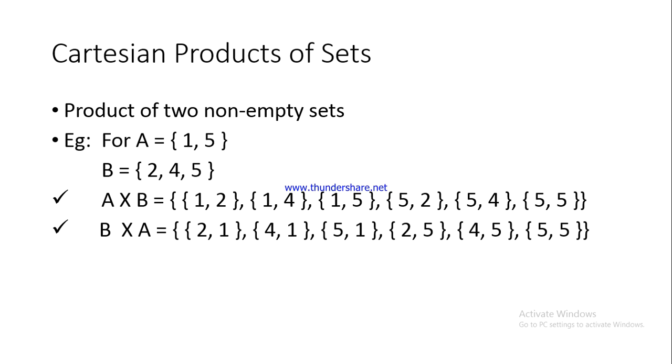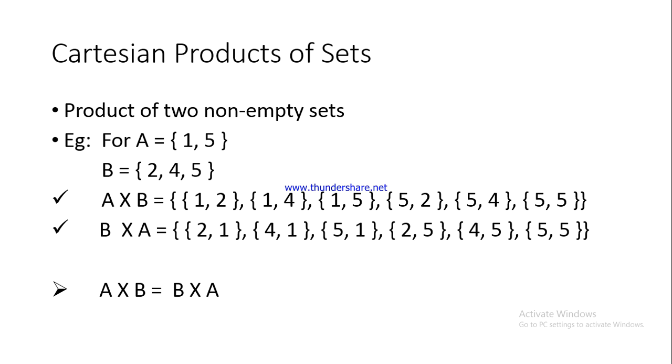Now if you look at the two expressions A into B and B into A, you would find out that they are basically equal, because we have seen earlier also that the sequence is not at all significant, so you don't need to worry about the sequence. So 1 2 in A into B is equivalent to 2 1 in the B into A product.